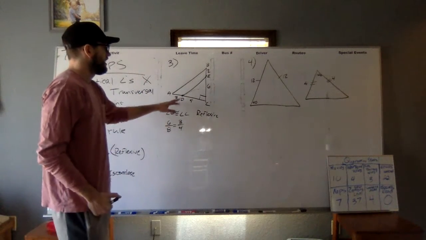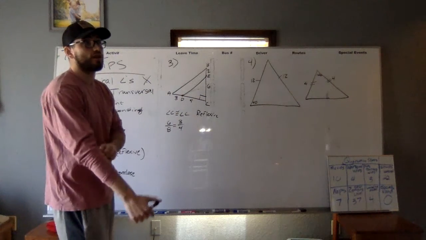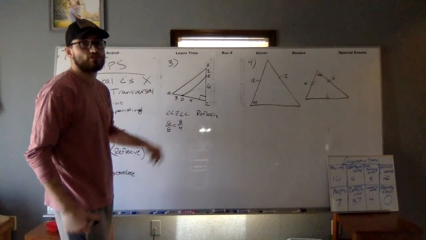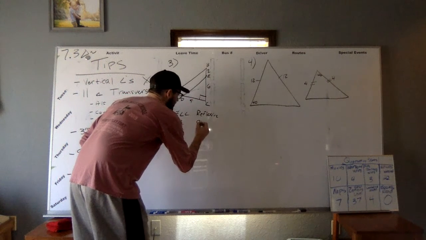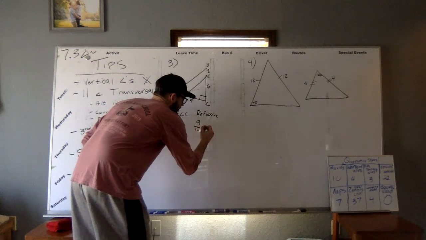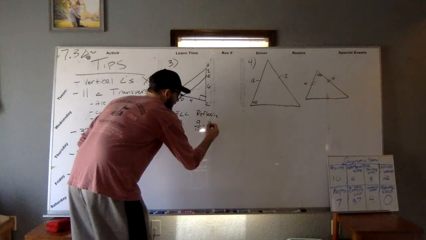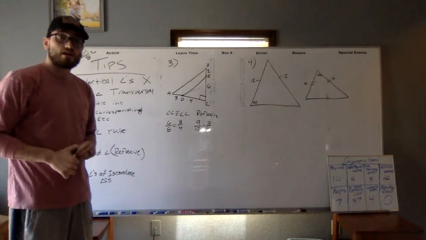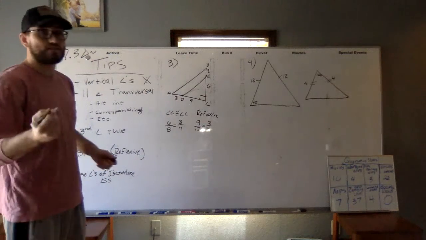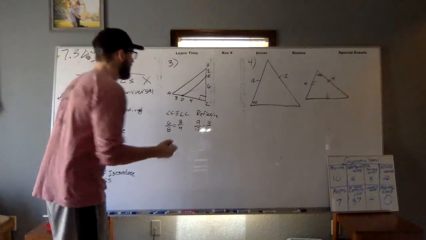Now, if I want to prove the two sides are proportional, I need to show that the other side will also equal 3/4. So I do the other one, which is 9 over 12, divide both of those by 3, and I get 3/4.